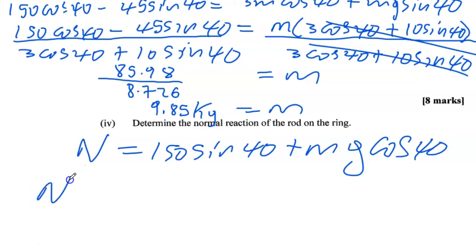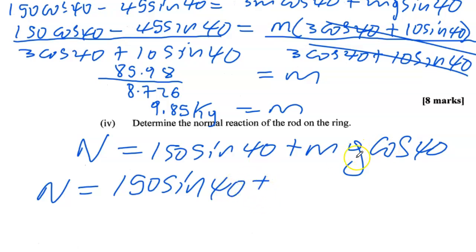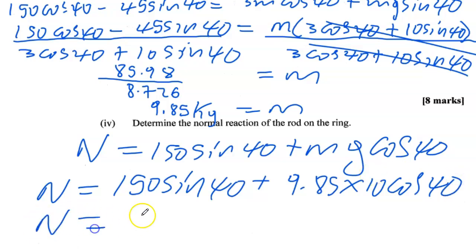So now we know the mass of the ring. So that's 150 sine 40 plus, we know the mass of the ring is 9.85. We know g is 10. So we'll substitute those. So the normal reaction, use your calculator to calculate that.